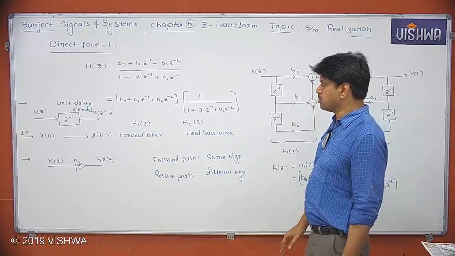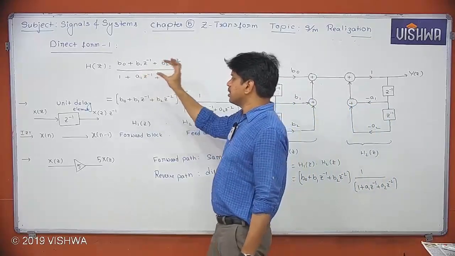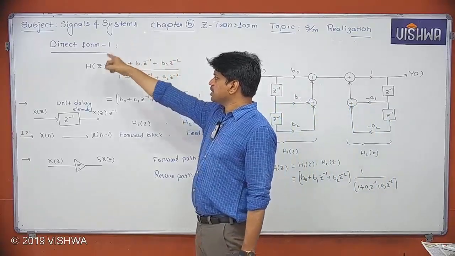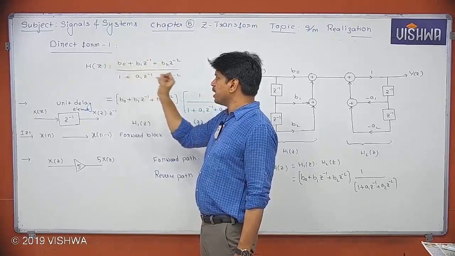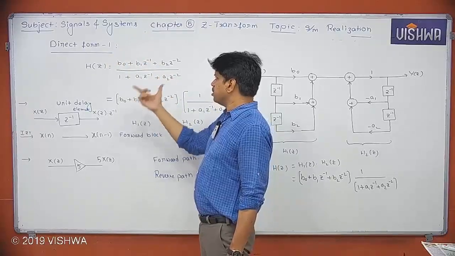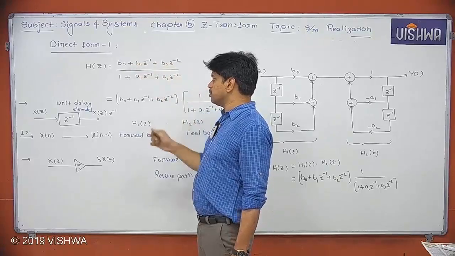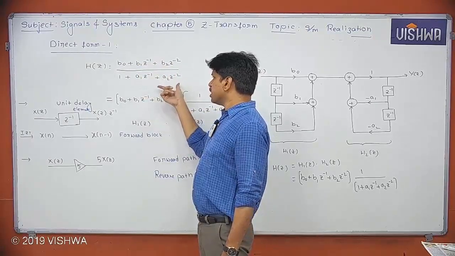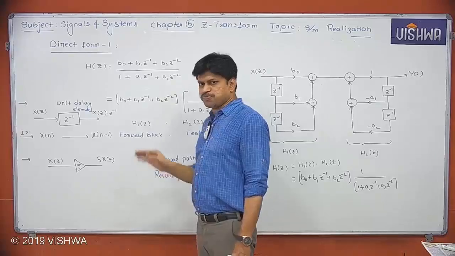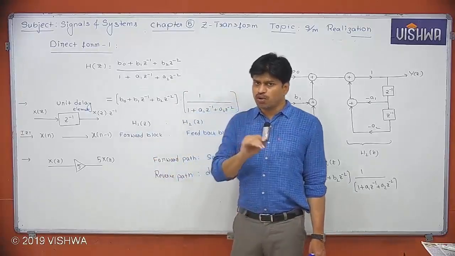To realize this numerator part, we require 2 delay elements. To realize this denominator part, we require 2 delay elements. In total, we require 4 delay elements.